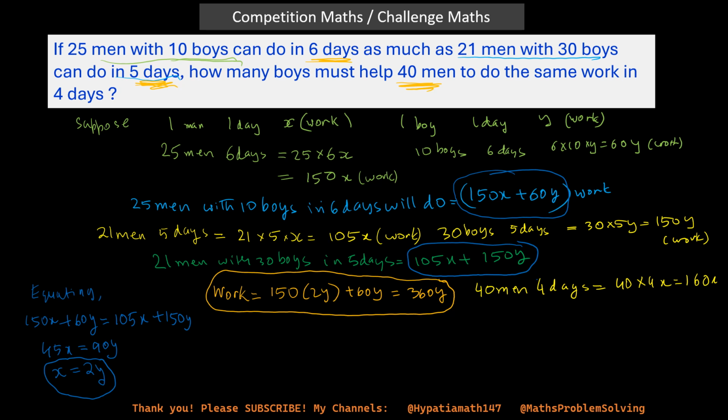Instead of x we put in x is 2y, so that is 160 times 2y, and that is 320y. So the remaining work where the boys would be needed would be 360y minus 320y, and that is 40y.